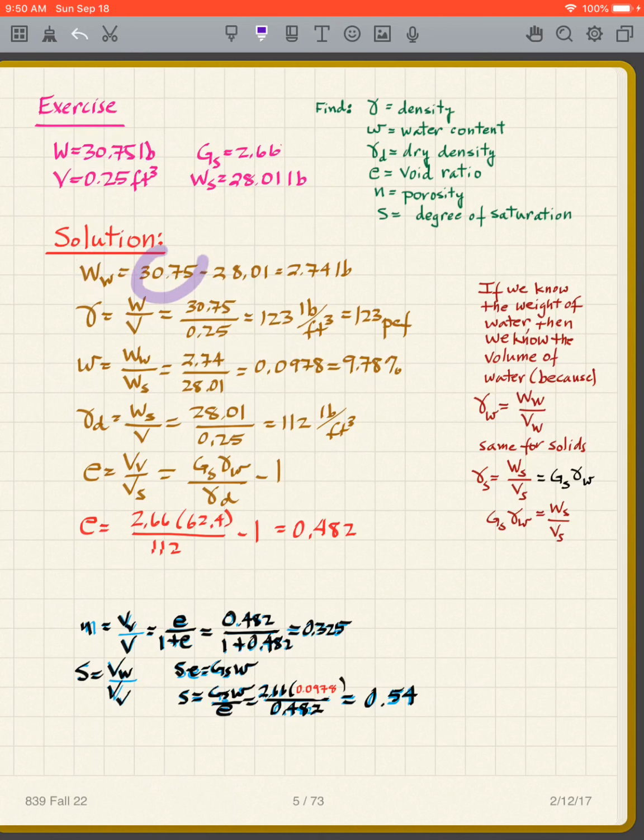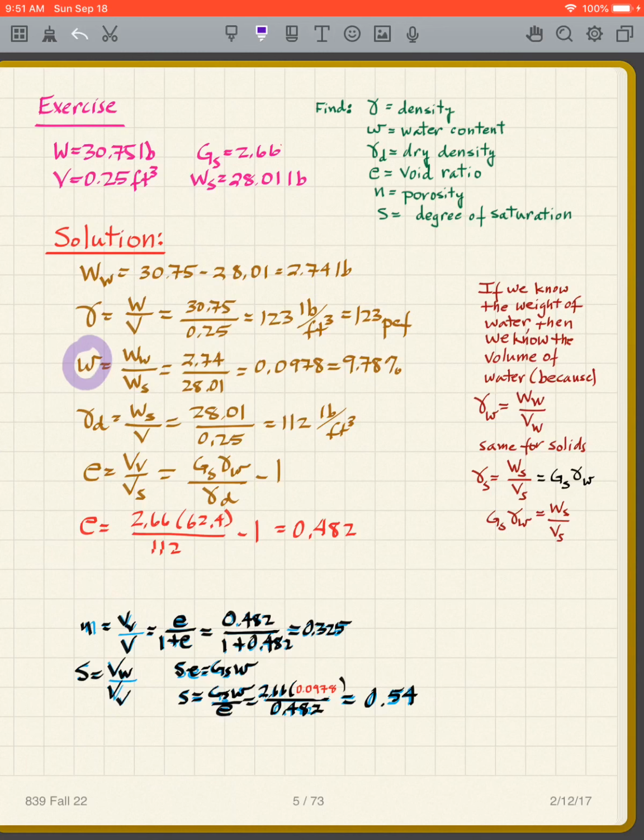So it's simply the 30.75 minus the 28.01. That gives me the weight of the water. The density, which is gamma, is defined as the total weight over the total volume. And I've been given those two numbers, and I divide them out. I get 123 pounds per cubic foot.